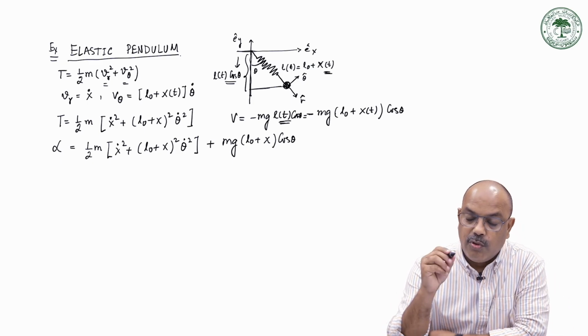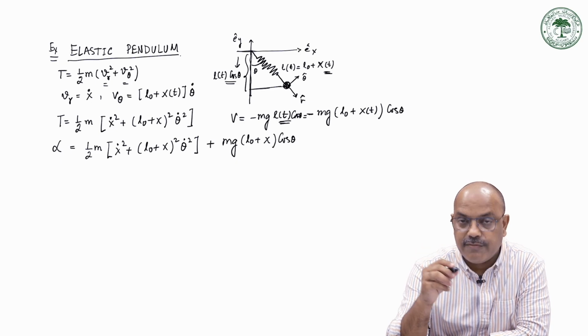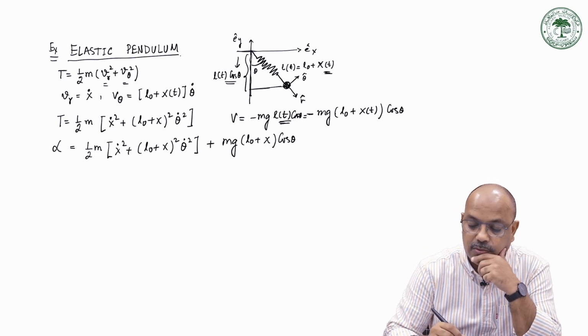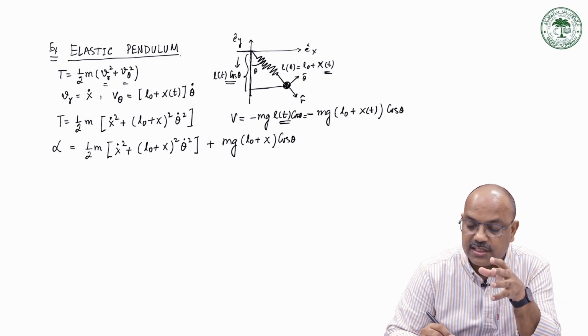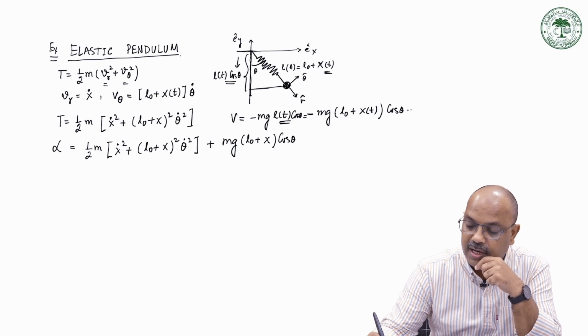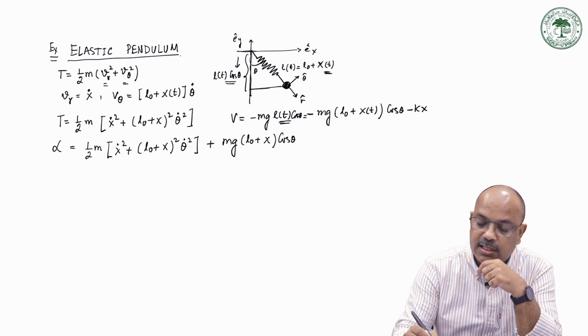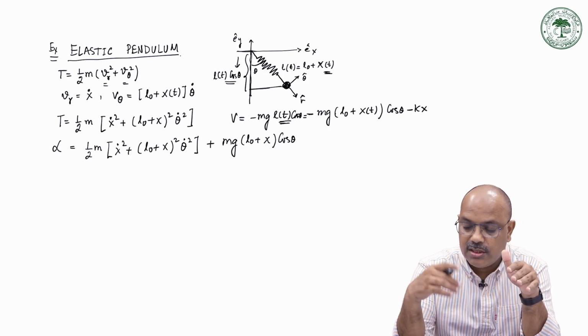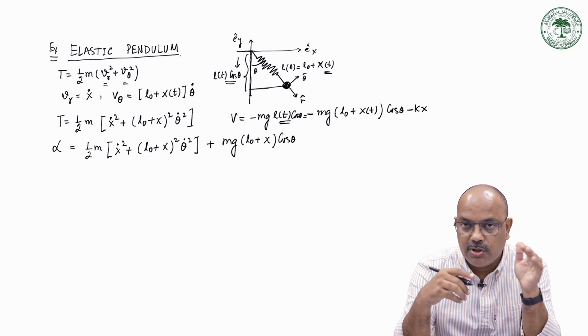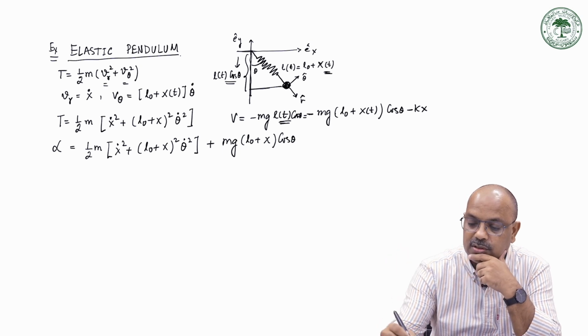And then one more potential is there because you have the spring, so then you have minus kx. This is because of the spring potential. One is because of the gravitational potential energy, and the second one is because of the restoring force, because you have V equal to half kx square and then F is equal to minus kx.